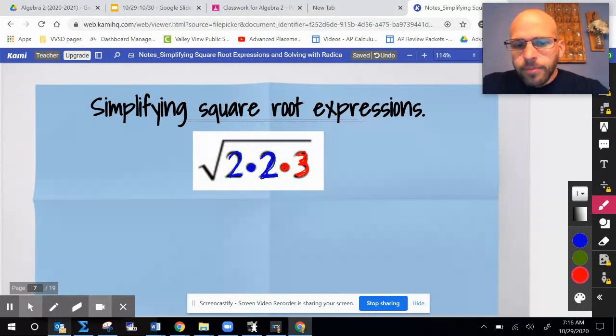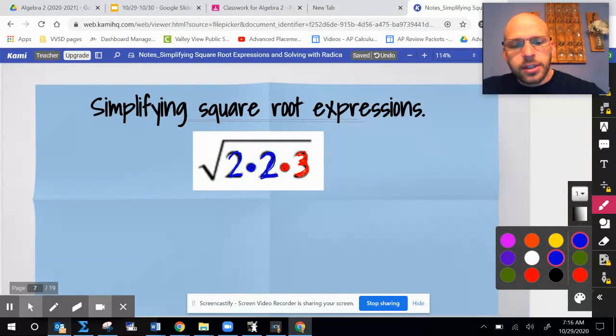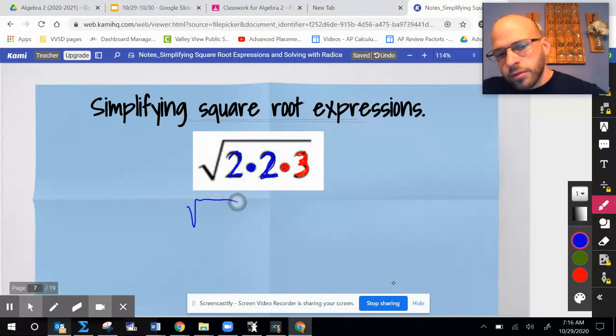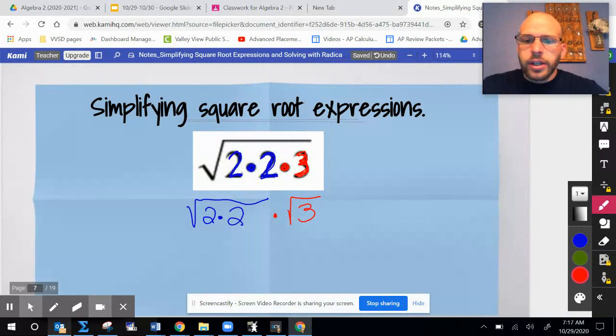Now, when I do this, I'm going to split this up into two different radicals. I'm going to say 2 times 2 is one radical, and then the square root of 3. So I broke this apart into two pieces. Every piece is under a radical still. I just broke it into two different sections.